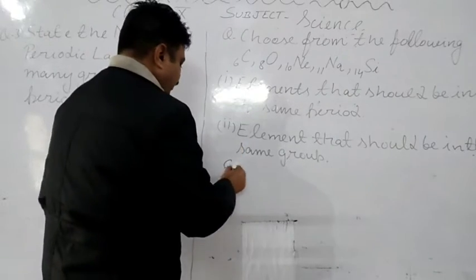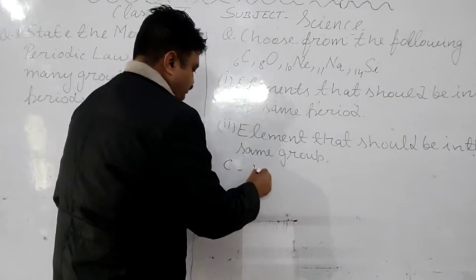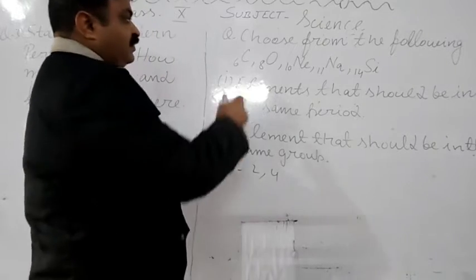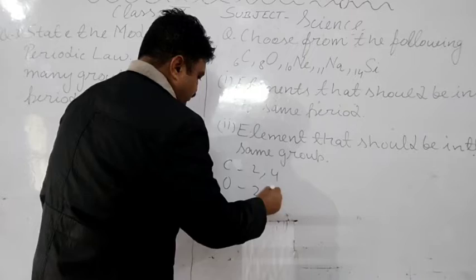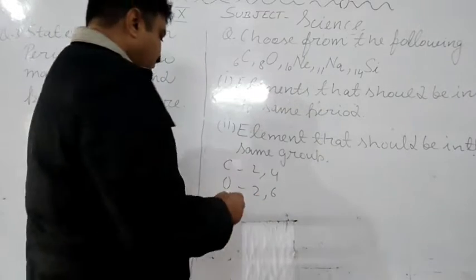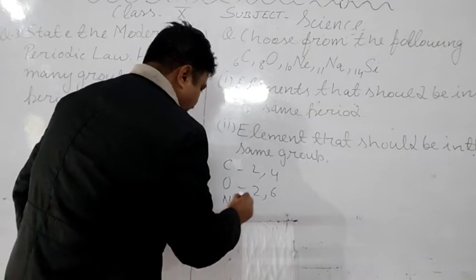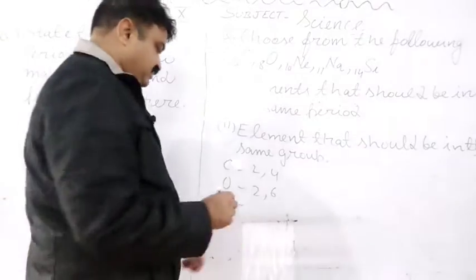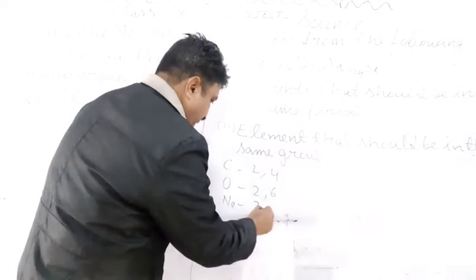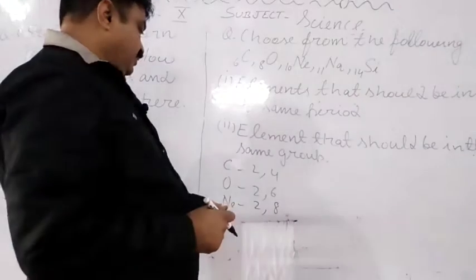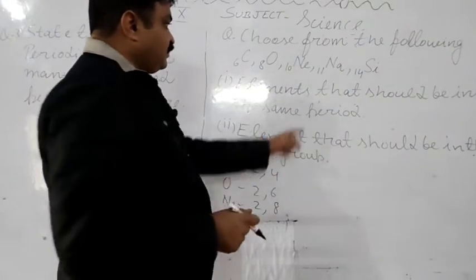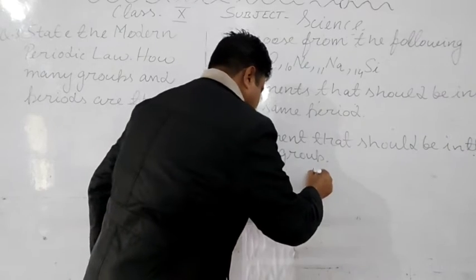What is the carbon electronic configuration, students? It is 2, 4. What is oxygen? It is 2, 6. What is neon? Neon electronic configuration is 2, 8. And what is sodium?